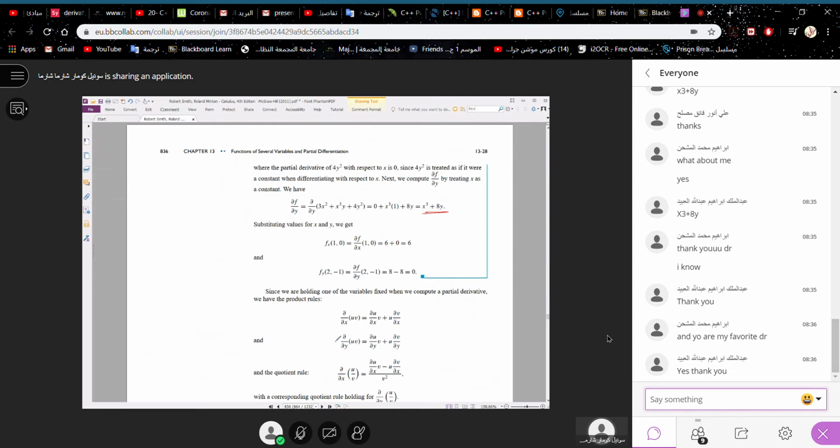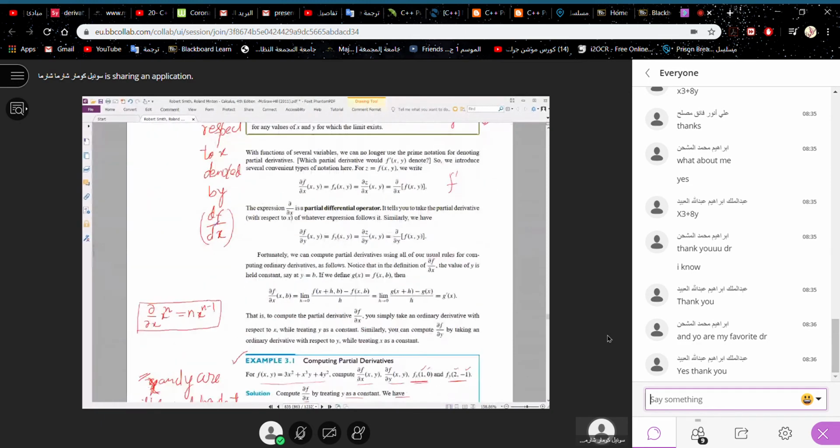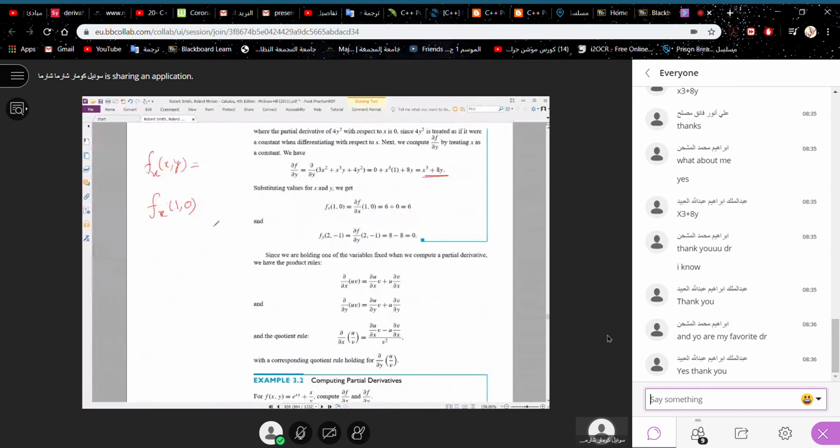So this is your x cube plus 8y. This is your answer. Now we are trying to find fx(1,0). Do you know what is your fxx y? How much is your fxx y? 6x plus 3x square y. To find this, what we need to do?